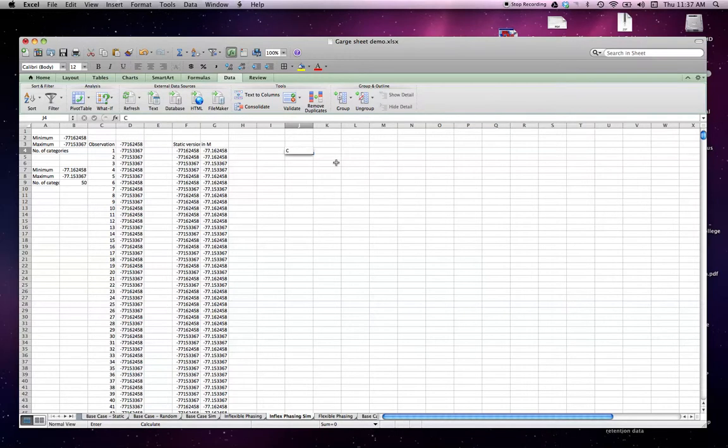So the categories, here's the minimum, and then the next category is the max, minus the min, divided by the number of categories.